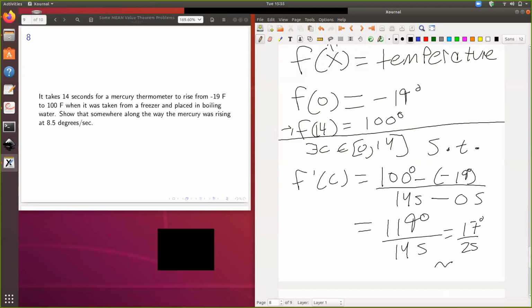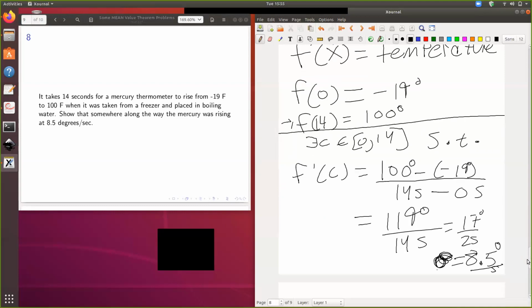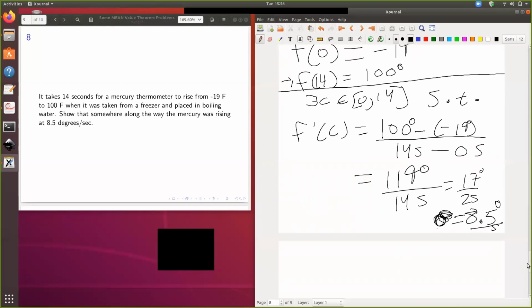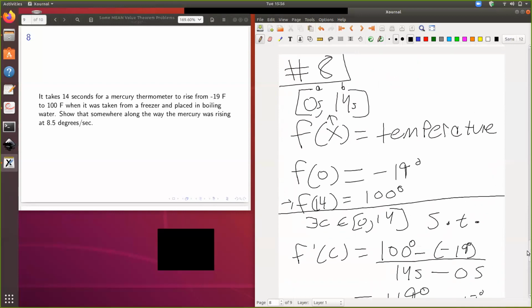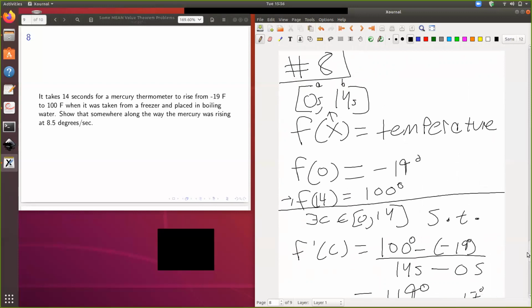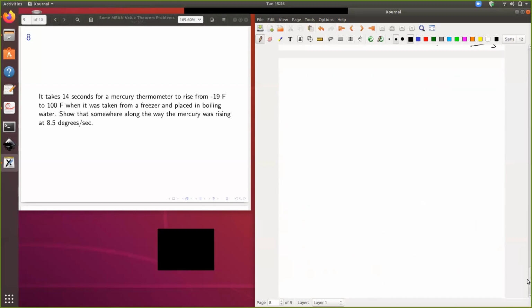And then this is exactly 8.5 degrees per second, which is the answer that we're looking for. We had to show that somewhere along the way the rate of change of the mercury was 8.5 degrees per second. Here it is, using the mean value theorem and teasing out details from what we know and approximating reality by using continuous modeling.